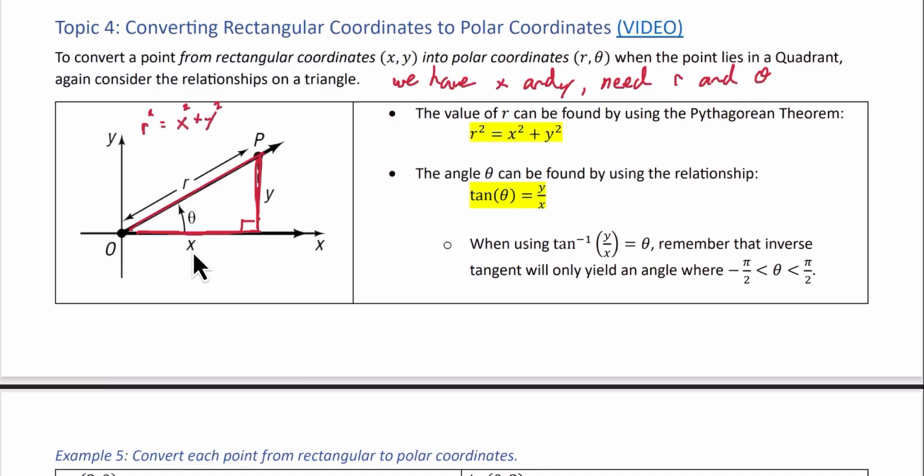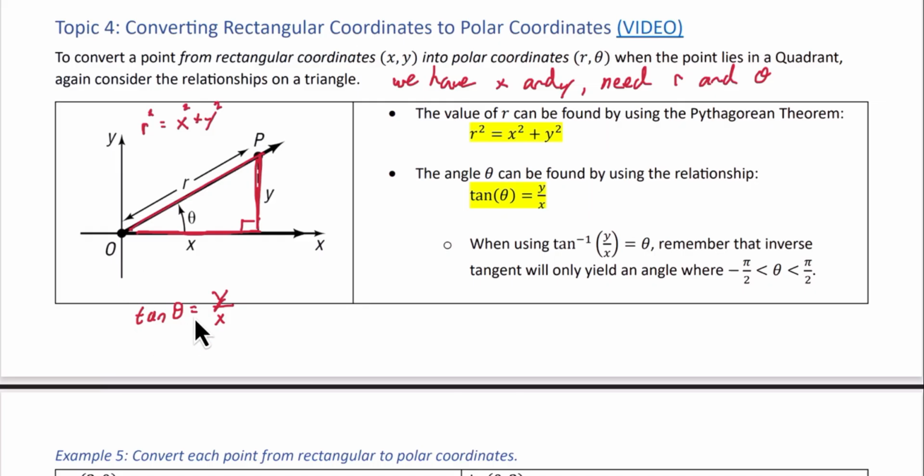And again, if we're given x and y, the opposite and adjacent sides, we can use a little trigonometry to recall that the tangent of theta is the opposite over adjacent, or y divided by x in this case. And our goal is to find theta.